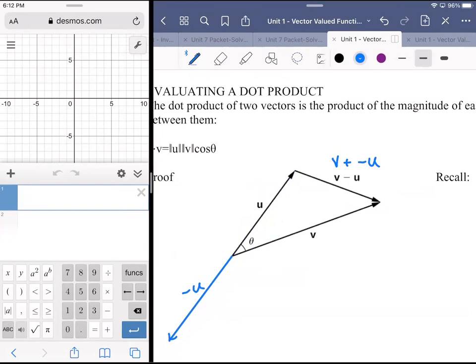Now, I like using the parallelogram approach when it comes to finding vector sums, which is to say the two relevant vectors, the two that we care about. So I've got vectors u and v, but in this case, I'm using negative u and positive v.